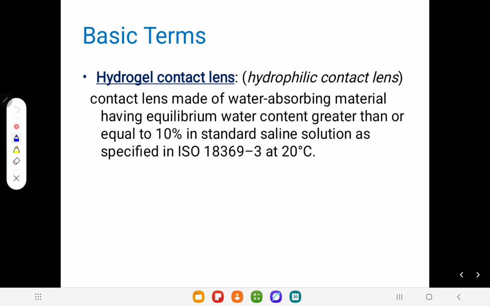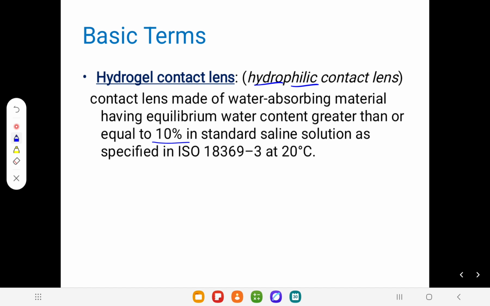So hydrogel contact lens, what do you mean by a hydrophilic contact lens? Obviously, it loves the water. Hydro plus philic, yes. So a contact lens made of water-absorbing material having equilibrium water content greater than or equal to 10%. That's another important concept. Less than 10% we call it RGP, Focon.